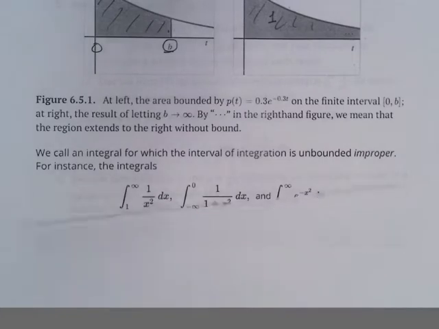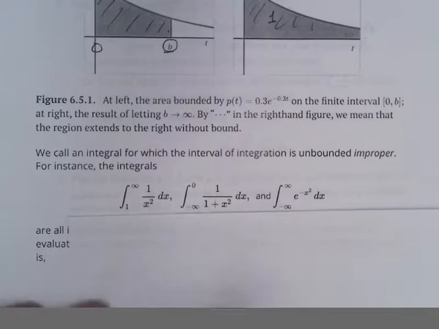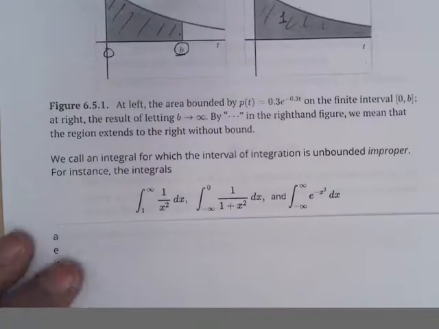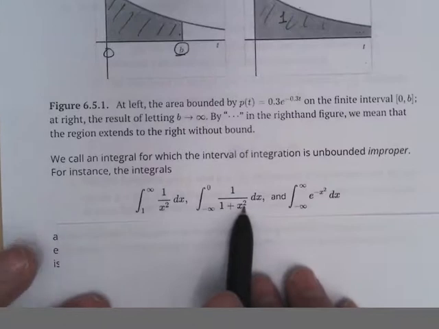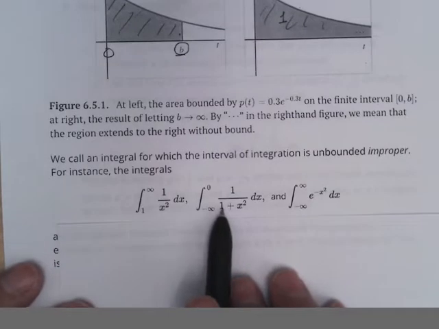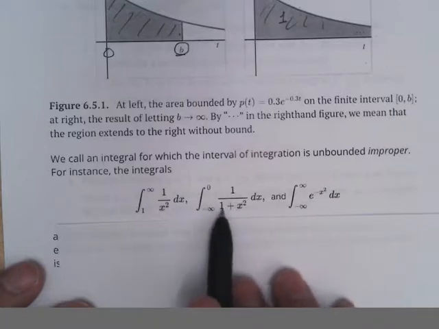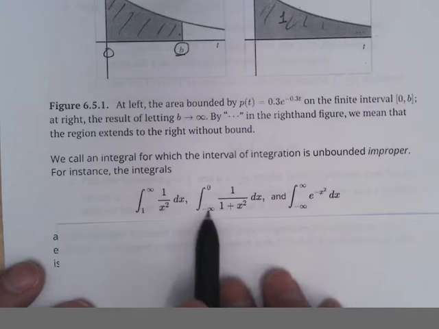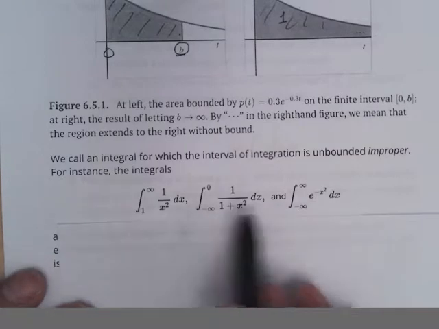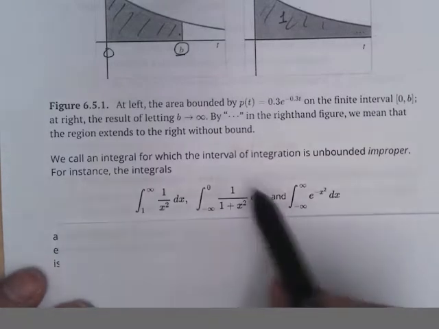Okay, let's do this one, which is almost the same, but we have the problem in a different place. Now, there's no way this can be a division by 0 because 1 plus x squared is always positive, so we don't have a problem with this being 0, but we do have a problem with x going to infinity. How do we handle that?